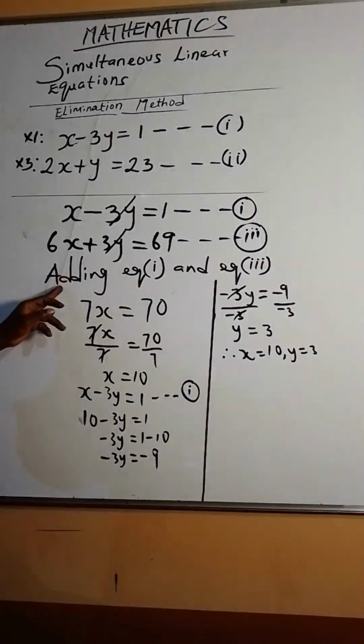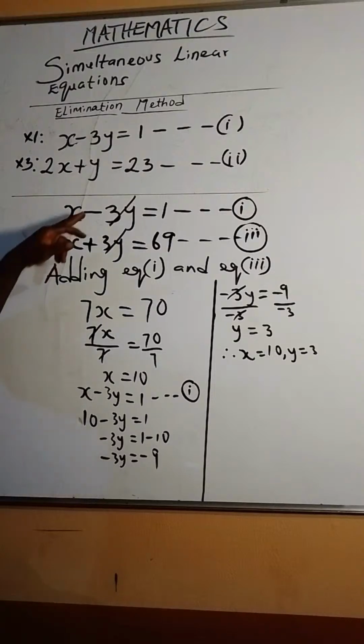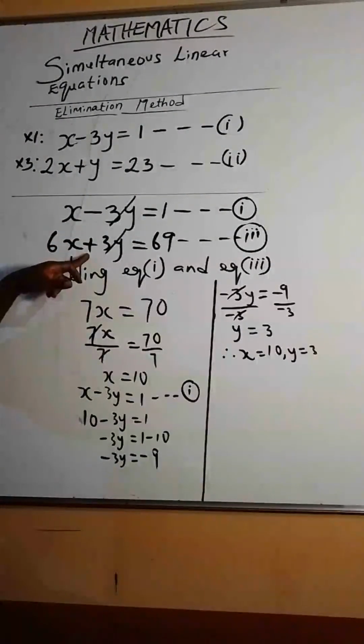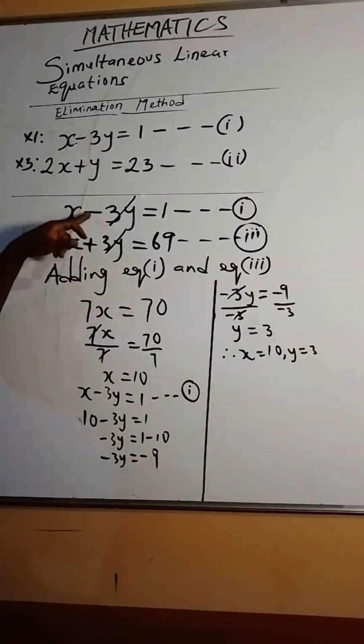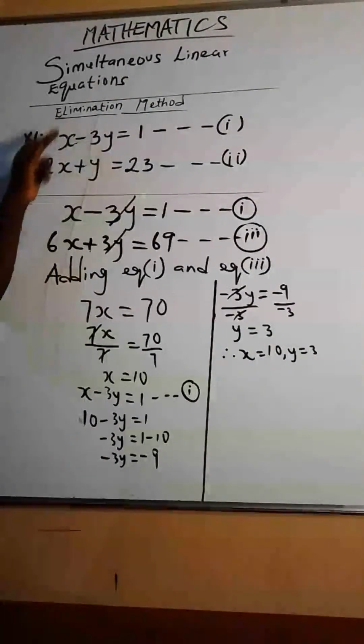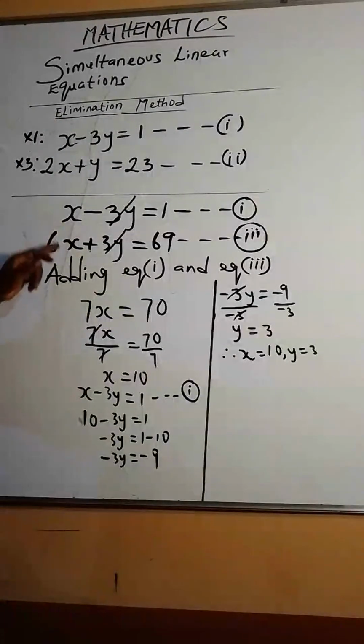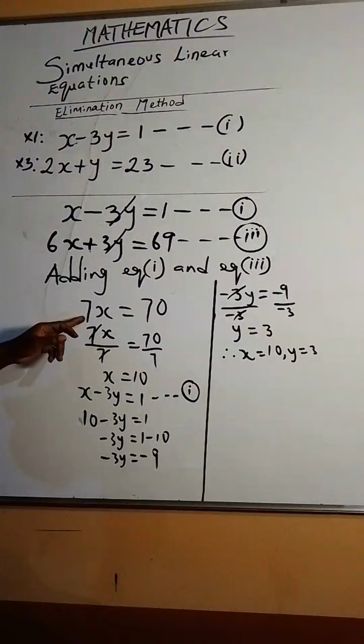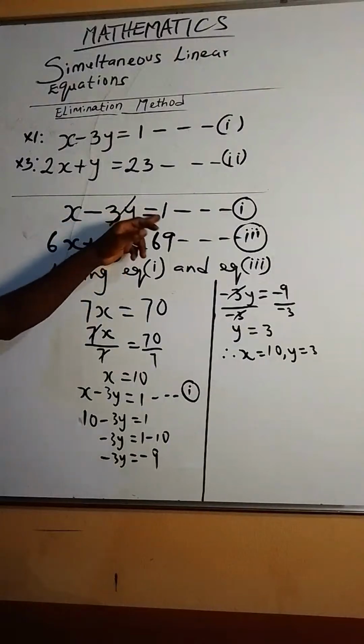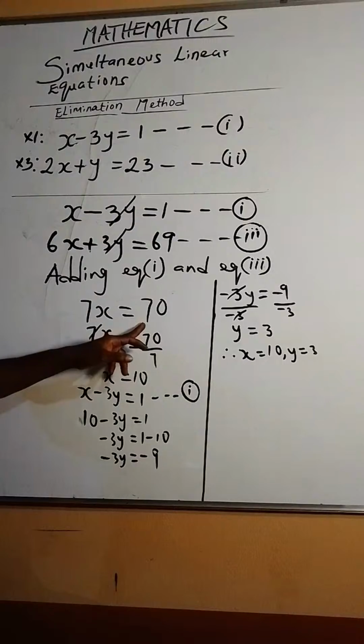Now the question is, are we adding or subtracting? How do we eliminate? If you already have minus and plus here, there is no point eliminating by subtraction. Just add up. When you add up, this and this will just cancel each other and be eliminated. x plus 6x is 7x, and this equals 1 plus 69, which is 70.